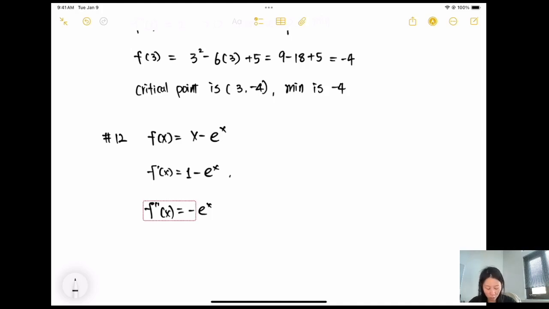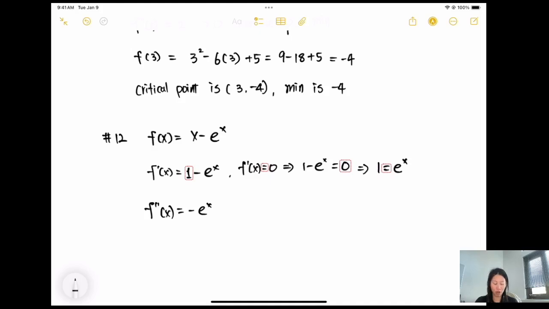Okay, now critical point. We want to let the first derivative equal 0. In that case, I have 1 minus e to the x equals 0. Okay, how do I solve for x? So here I have 1 equals e to the x. If you've taken pre-calculus before, we know that we need to use a logarithm function to convert that.